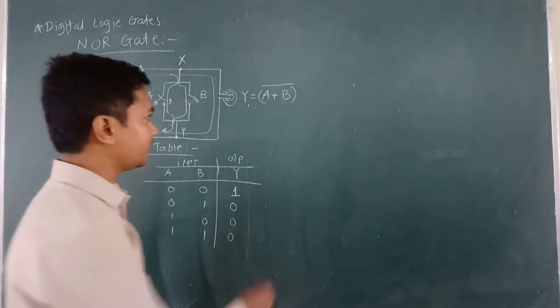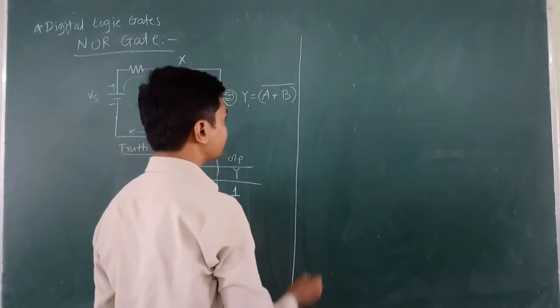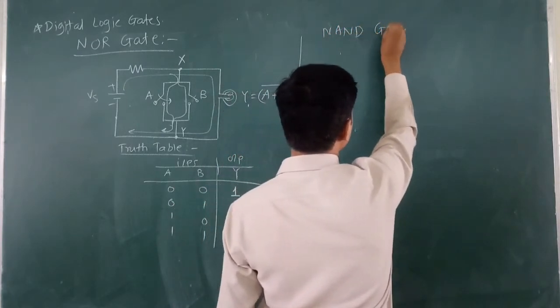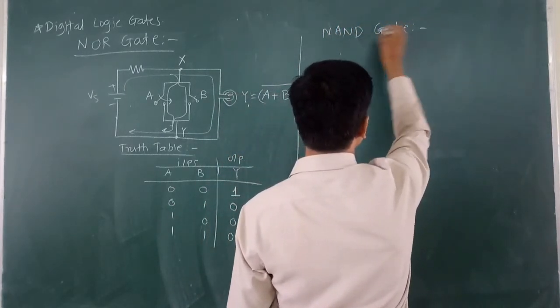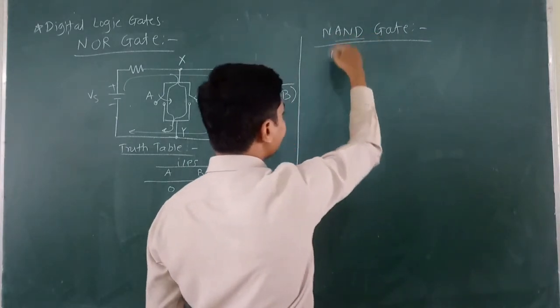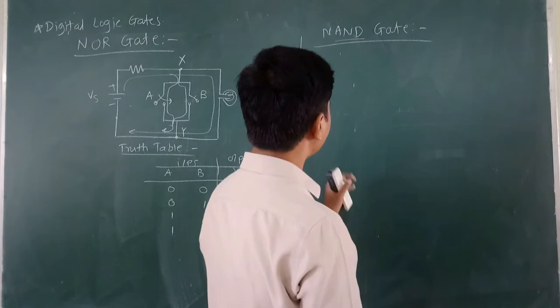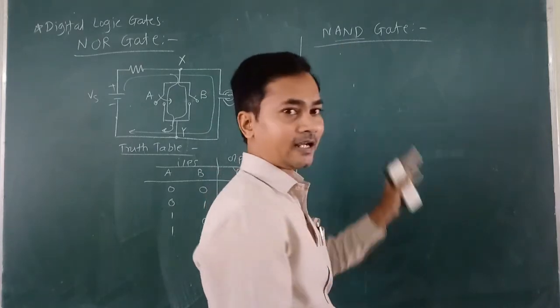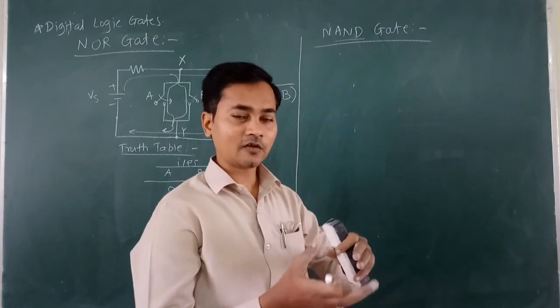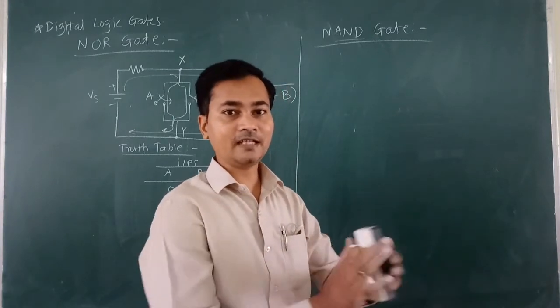Okay, now next gate is NAND gate. So we know the AND operation. We have to simply place this AND operation, or AND switch combination, across the bulb in parallel with the bulb.